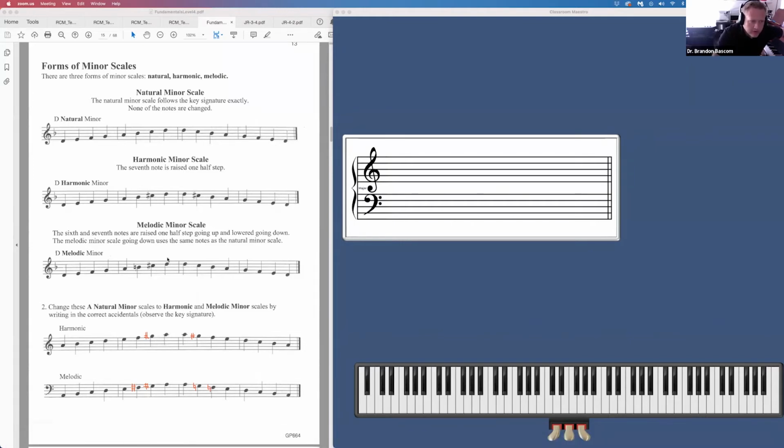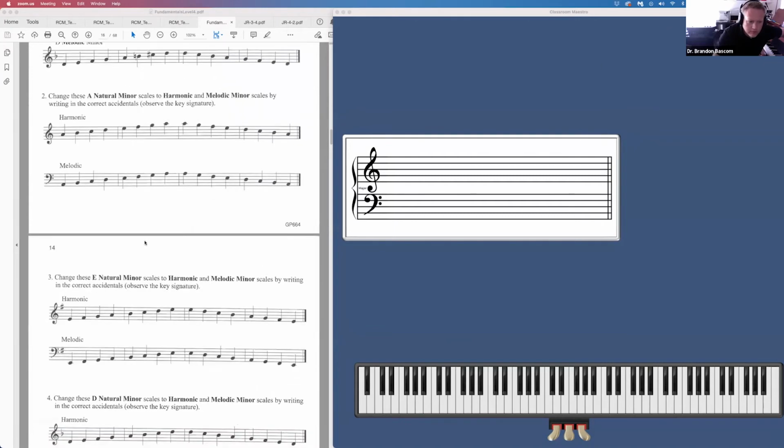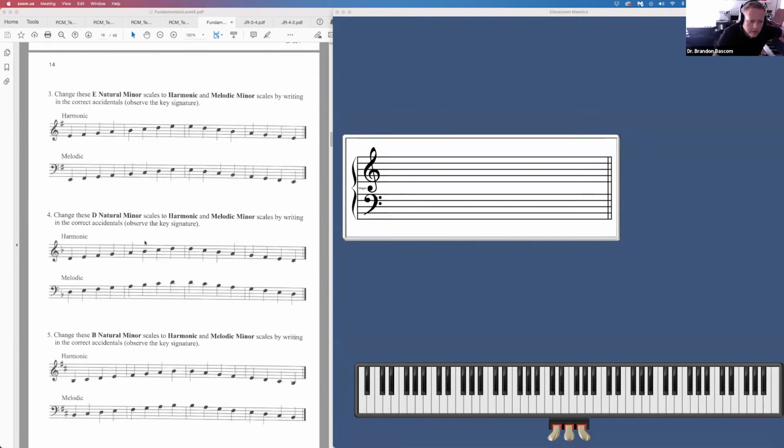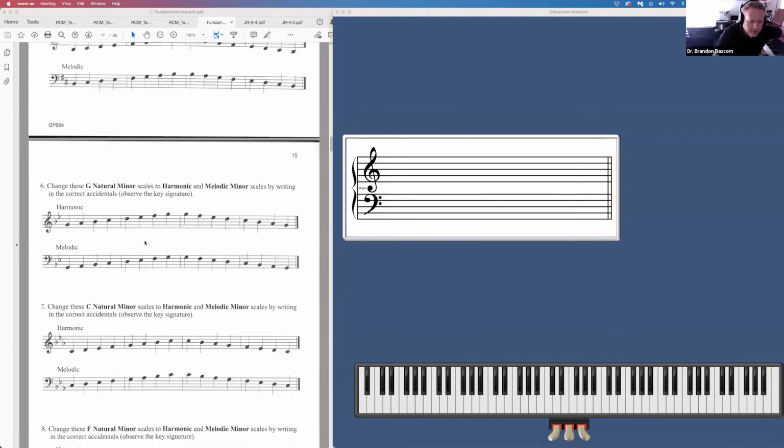So that's what we're doing on page 13, and that will continue on to 14. And 15.